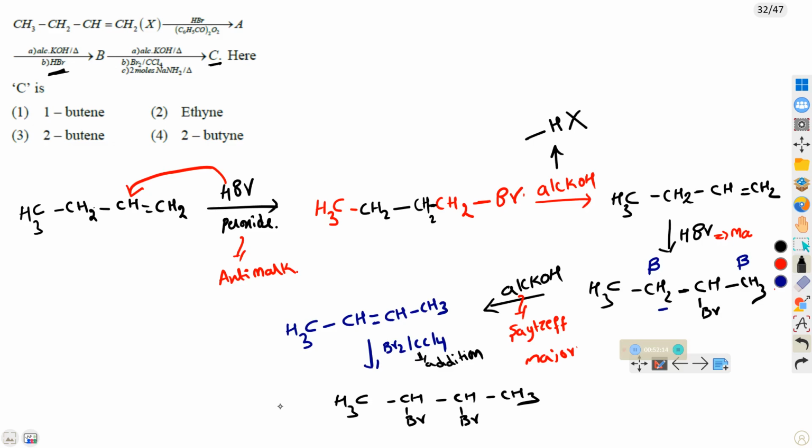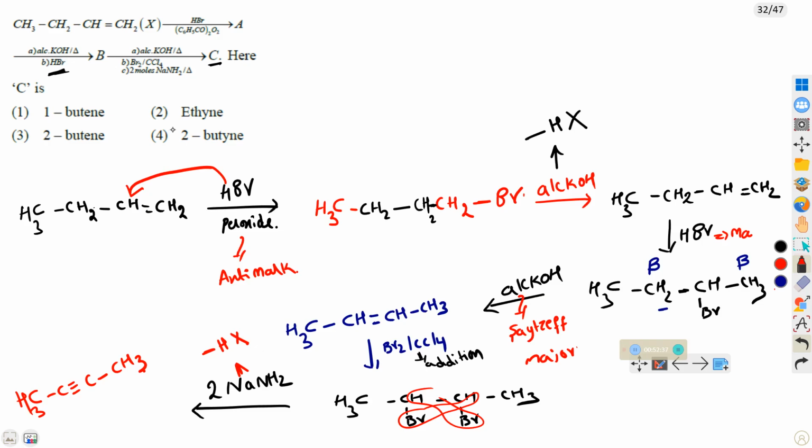Now reaction with 2 moles of NaNH2, sodamide. Again sodamide acts as a dehydrohalogenating agent. It removes hydrogen halide 2 times. Then it gives CH3C triple bond CCH3. The fourth option is correct.